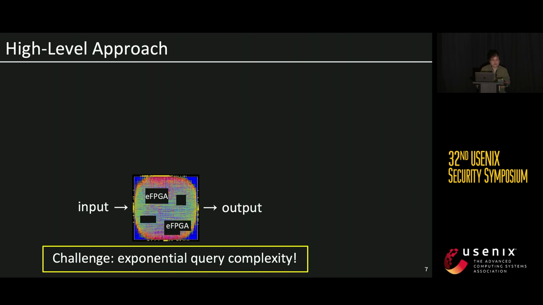However, there's a challenge in this process: if the attacker wants to extract the exact functionality of the chip, they have to query the entire query space. Suppose the circuit has n inputs, then the size of the entire query space will be 2^n, which is exponential in its input size.